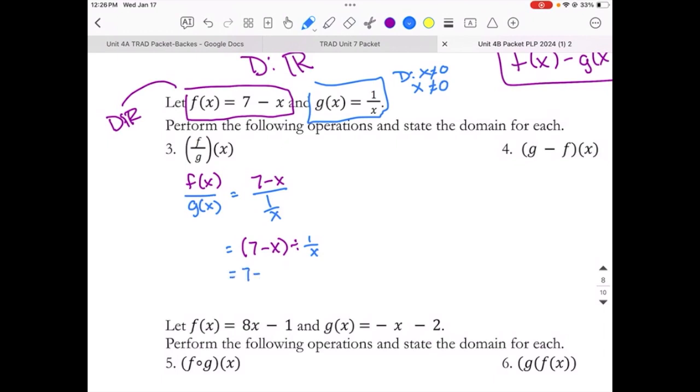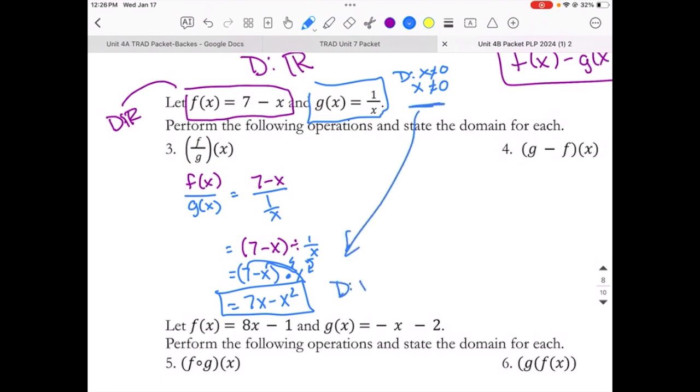So we're going to keep the original function the same, 7 minus x, and then change our division to multiplication, and then we flip the 1 over x to just x. When we distribute, we end up with 7x minus x squared. And that is our function. When you just look at that final answer, it doesn't look like there's a restriction, but this restriction from up here carries through, so our domain is still all real numbers, not 0, or x not 0, however you'd like to write it.